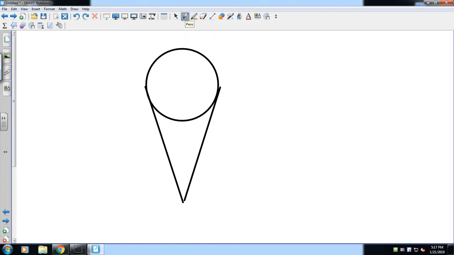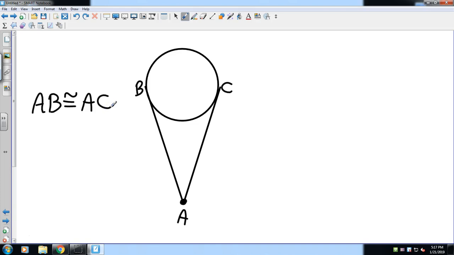If you have two tangents that are drawn from the same point, let's say this is point A down here, and that intersection is point B, and that intersection is point C, that means that they are congruent. So AB is congruent to AC.